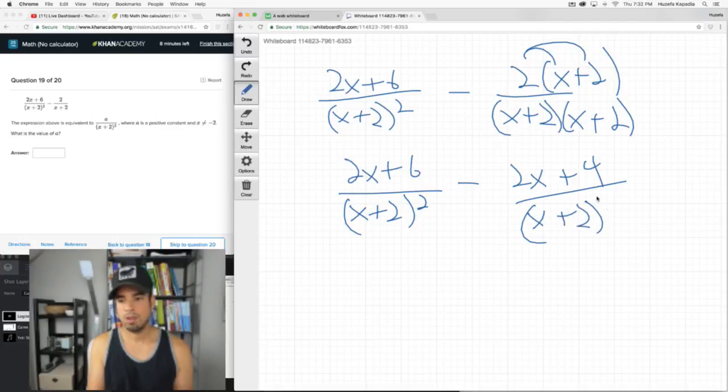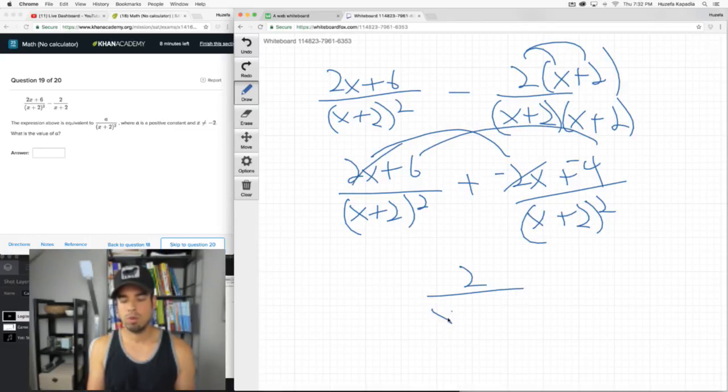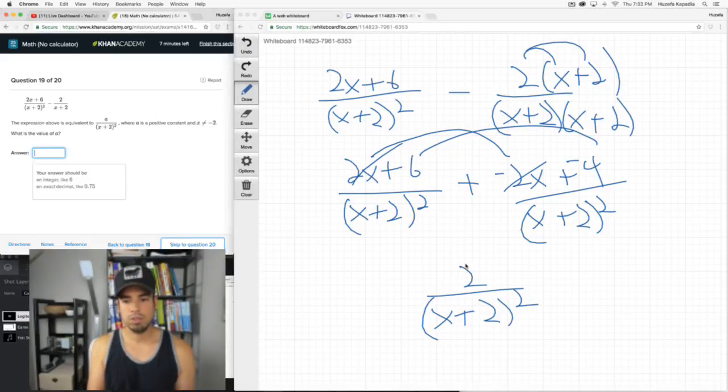Remember, this minus distributes to both of these, so make sure to distribute it across the numerator. The denominators are still the same. And now we just combine everything. The 2x terms cancel. 6 and -4 add, and we end up with 2 over x plus 2 squared. And guess what? a equals this guy right here. a equals 2.